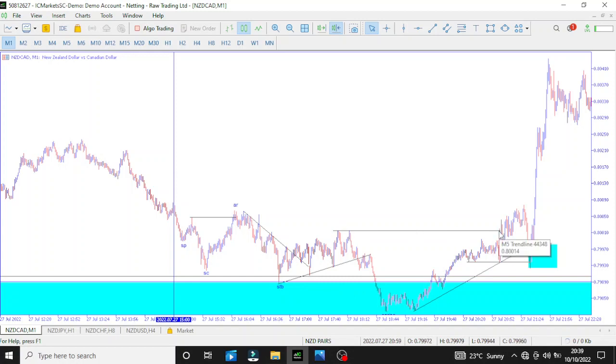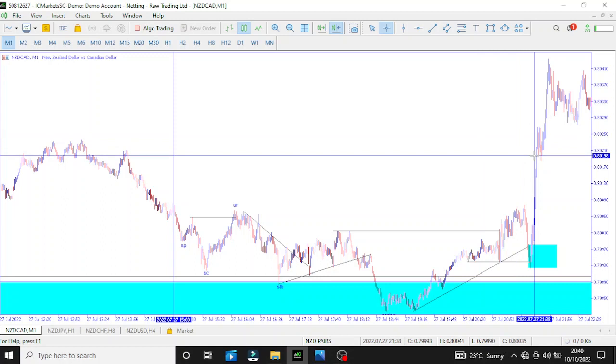You see, the price is creating downside liquidity, manipulates that downside liquidity and breaks the structure to the upside. It creates these equal highs, went on to manipulate these equal highs and created these equal lows, and also created this trend line. It manipulated this trend line and manipulated these equal lows.